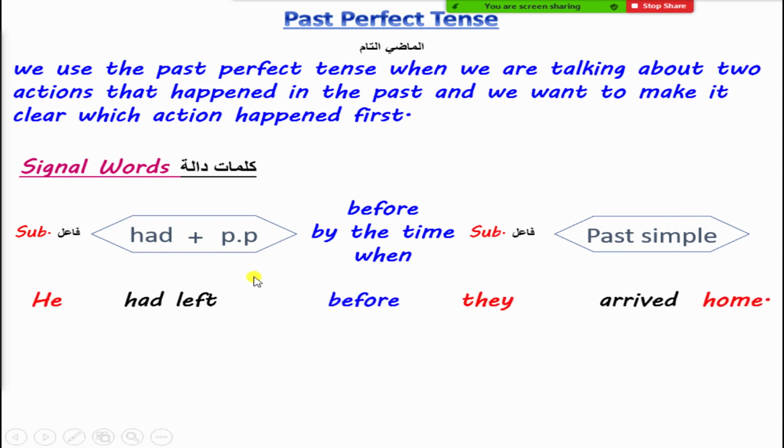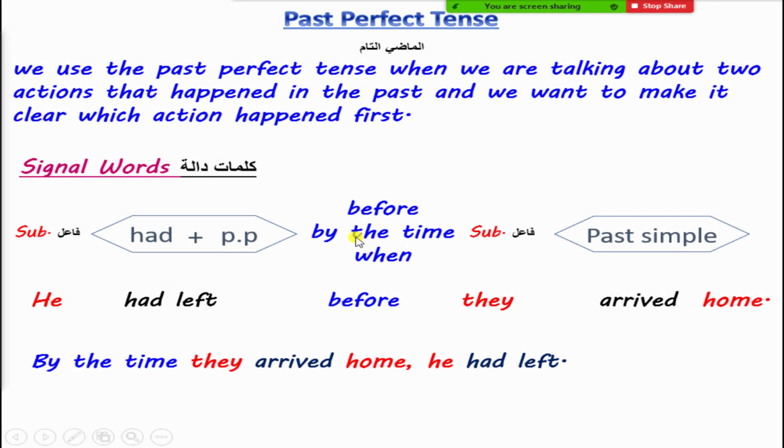Example: he, this is the subject, had left, before, this is the conjunction, before, by the time, or when. We used before here. Subject they, past simple arrived home. So the sentence is: he had left before they arrived home. This happened first. We can start with the conjunction.